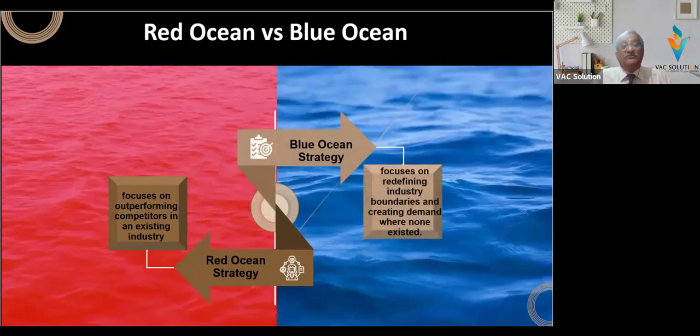Blue Ocean strategy focuses on redefining industry boundaries and creating demand where none existed. That means as an employee, you will be able to redefine your work and your position in the organization, and create a demand for you where none existed. As a consultant, you will be able to identify gaps in the market which are not easily visible, and by focusing on those gaps, scale up your customer's business and get referrals and more business.